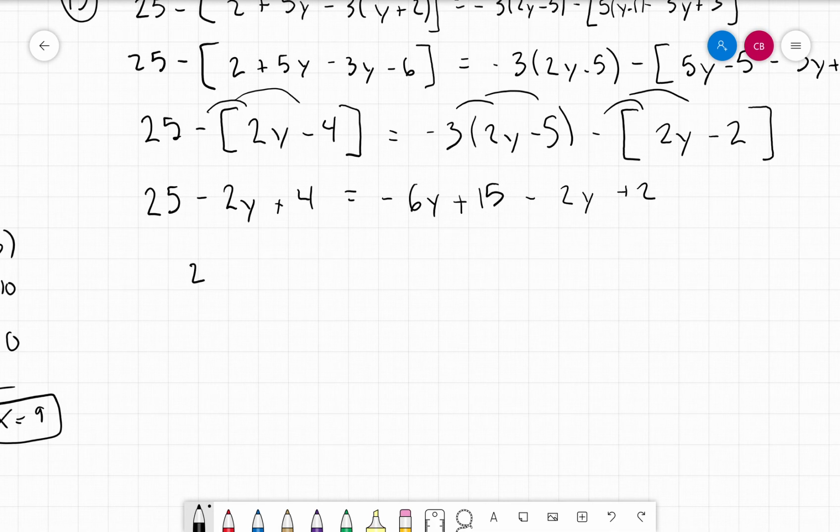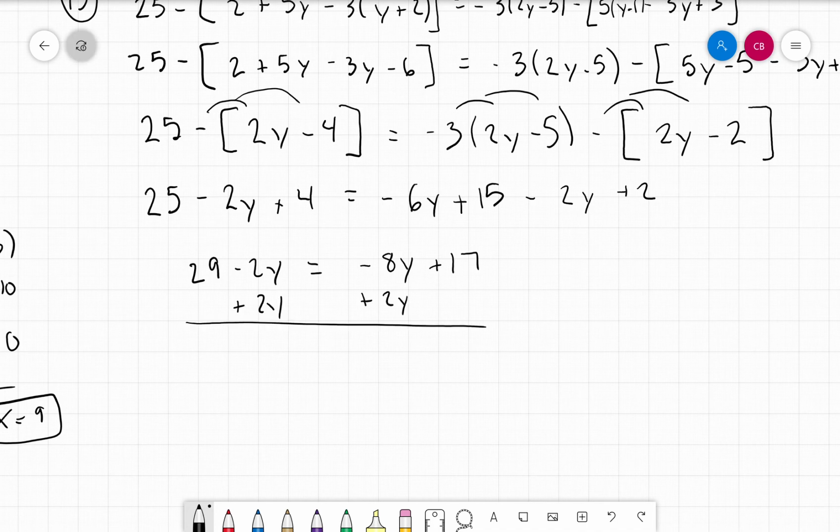So that's 29 minus 2y is equal to, we got negative 6y, negative 2y, that's negative 8y, plus 15 plus 2, that's positive 17. Let's add the 2y, and that's going to be 29 is equal to negative 6y plus 17.